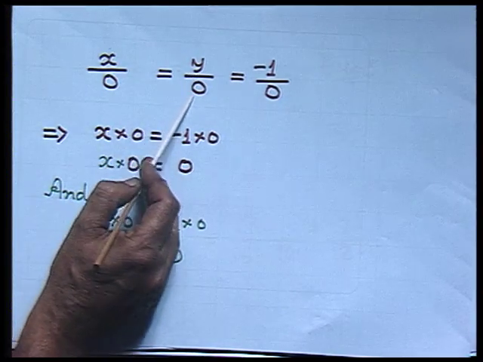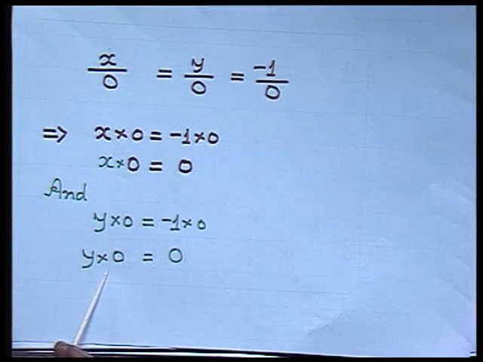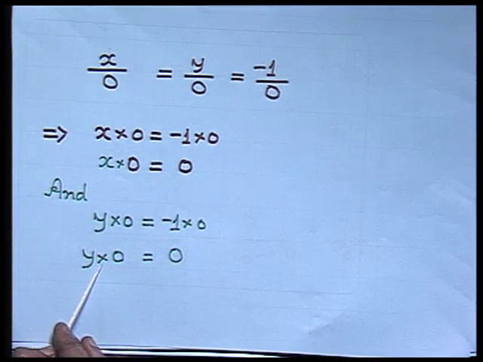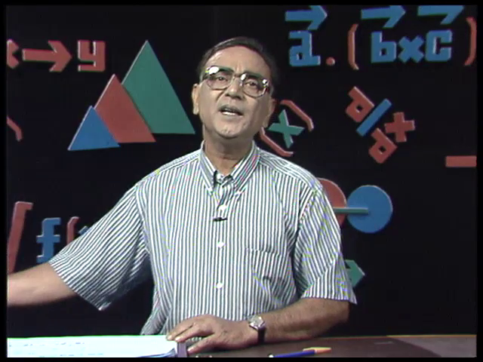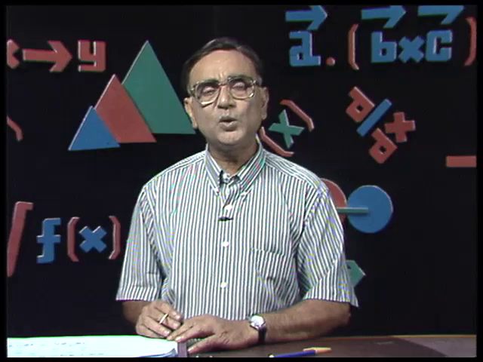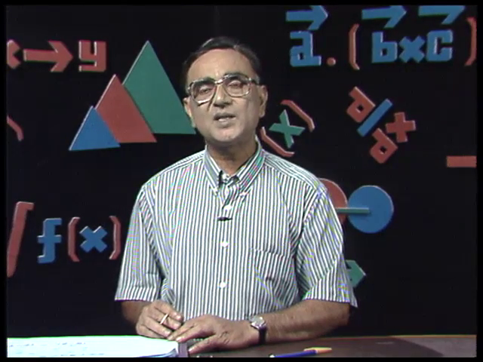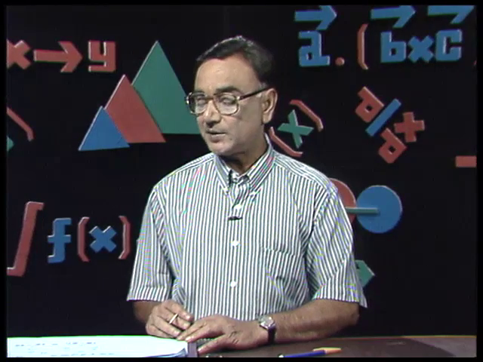Similarly, from y upon 0 and minus 1 upon 0, I get y times 0 is equal to 0, and this too is true for all values of y. So in this case, we will get infinite solutions of x and y, or what did we call this system? This system was termed as consistent system with infinite solutions.